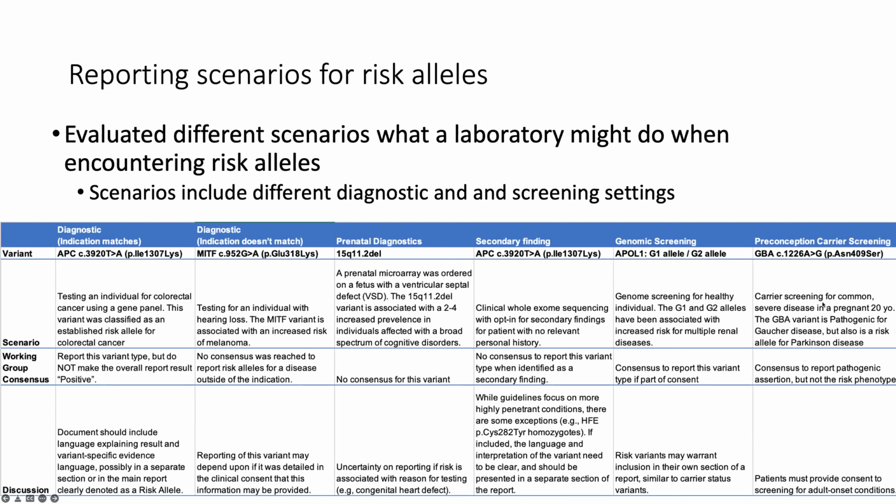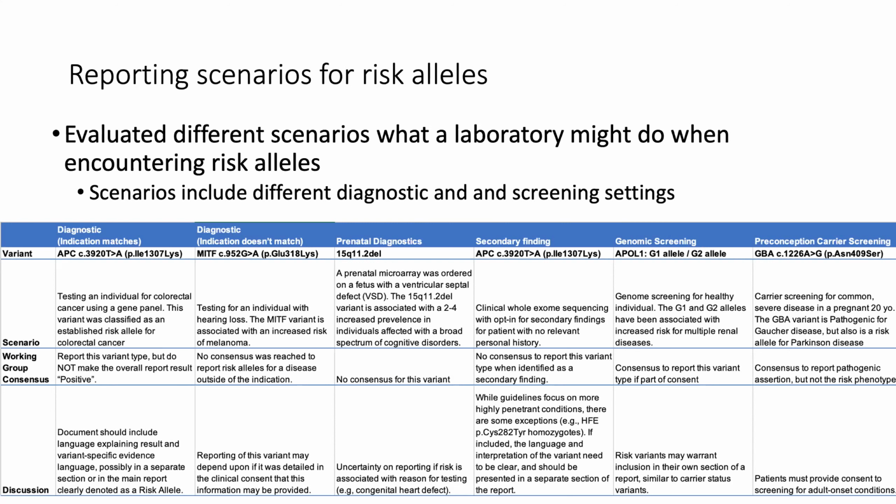In the preconception carrier screening, we had an example, which honestly could also be considered in this diagnostic setting, where the risk phenotype is actually associated with a different disease than the carrier status testing. And in this setting, the consensus was not to actually return the risk, but obviously to return the pathogenic variant.